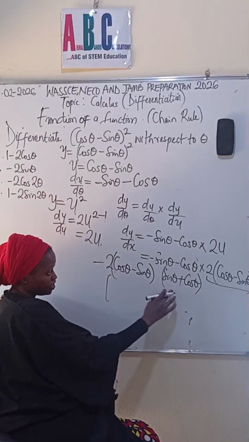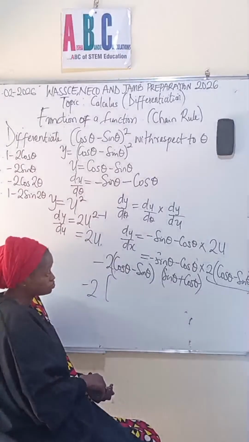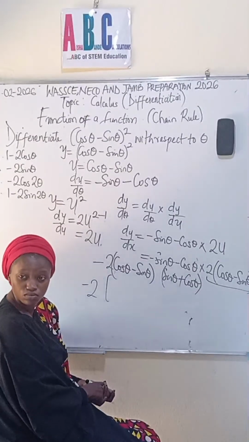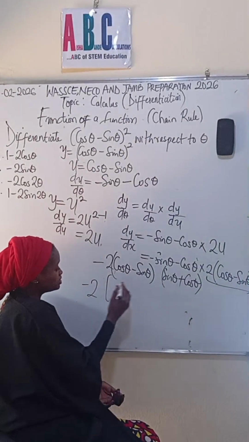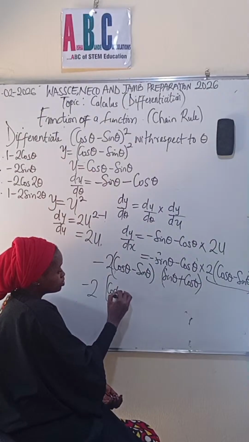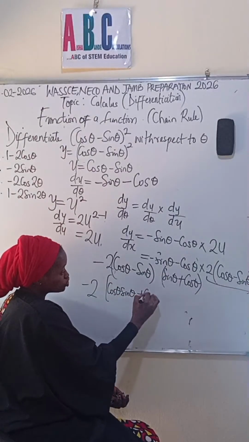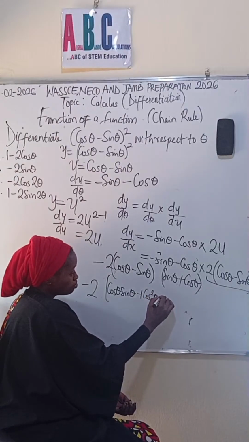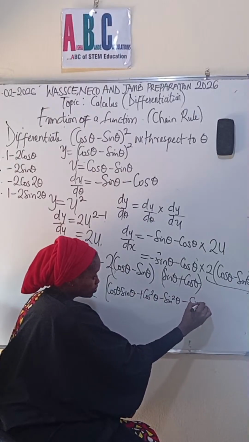So what do we do from here? If you open the bracket, that means cos theta multiplied by sin theta. Once you open the bracket, we are expanding. So we now have cos theta sin theta plus cos square theta minus sin square theta minus sin theta cos theta.